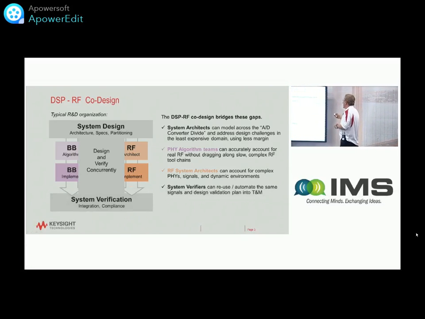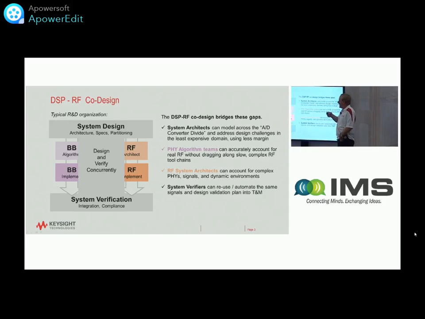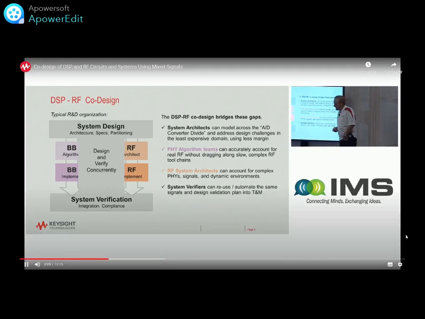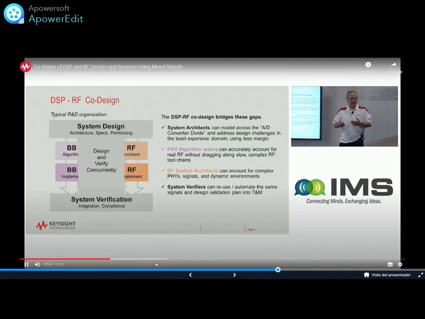And you can accurately account for some of these things and find the cheapest place to solve a problem. Sometimes it's cheaper to solve it in a better signal processing algorithm. Sometimes it's better to just buy a better amplifier. And to be able to know where's the best place to solve a problem and be able to validate it is part of the benefits of an integrated approach.